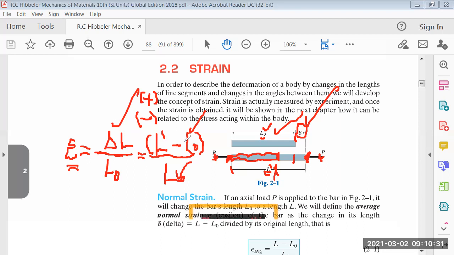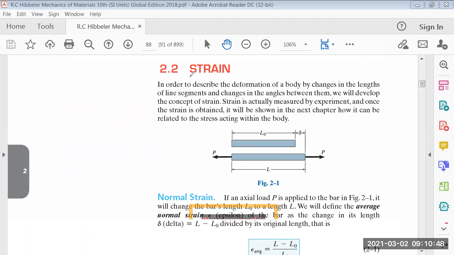From this, you can get the change in length divided by the original length, and you're going to get the strain of that element after applying the load. So this is the concept of strain. This type of strain is specifically called normal strain.